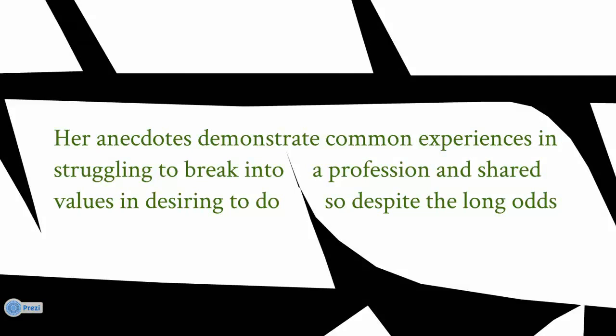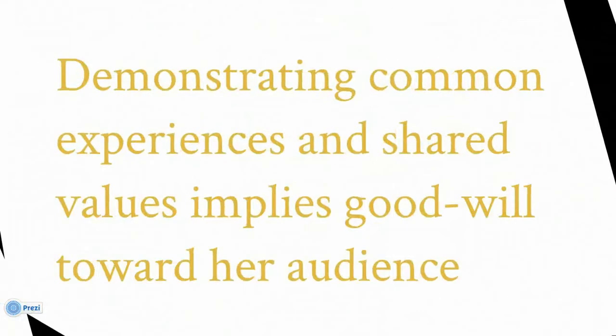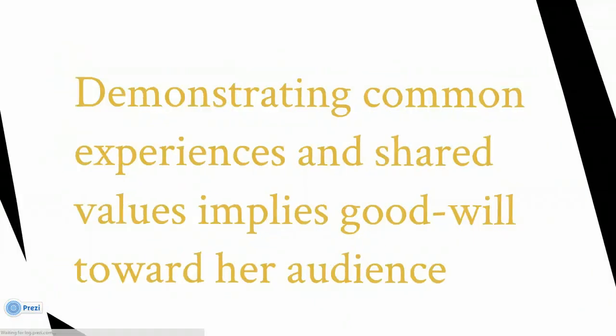She also has shared values, in that she desired to break into this field despite these really long odds. And as we've studied, demonstrating common experiences and shared values implies goodwill toward her audience, and it just makes her more credible.